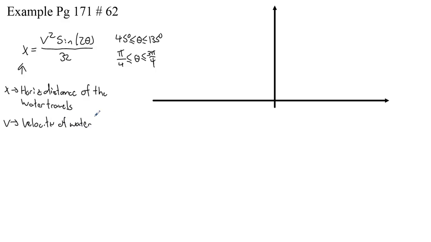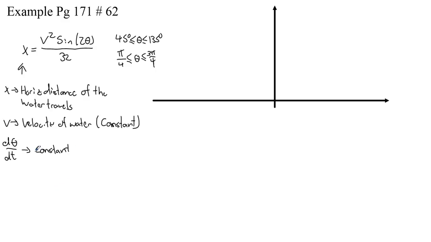Now, we can assume that that is going to be a constant. I suppose we can't assume that, but the only way that it wouldn't be a constant is if someone stood on the nozzle and turned it up and turned it down and changed the pressure. So we're just going to say that they turn on a watering hose or a sprinkler system and let it go. Now, they tell us that d theta over dt is a constant.